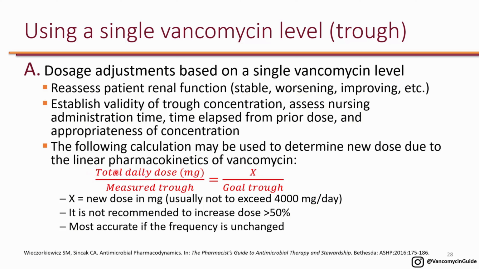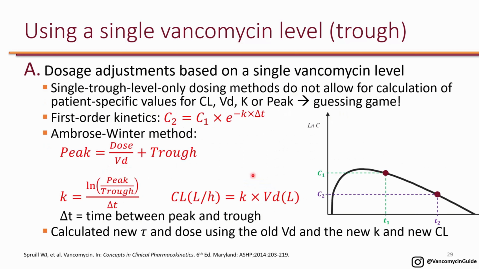So for example, if somebody was receiving 1 gram Q8 and you converted that to 3,000 milligram, whatever you get here, you need to convert it to Q8. That's how this proportion equation will work. You have to maintain the same frequency. Otherwise, if you try a different frequency, it's not going to be as accurate. So that was the fast way of doing it based on a single level.